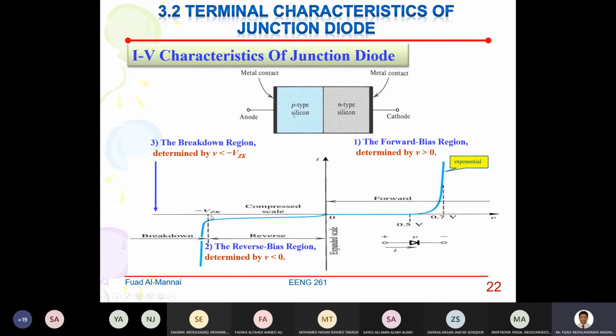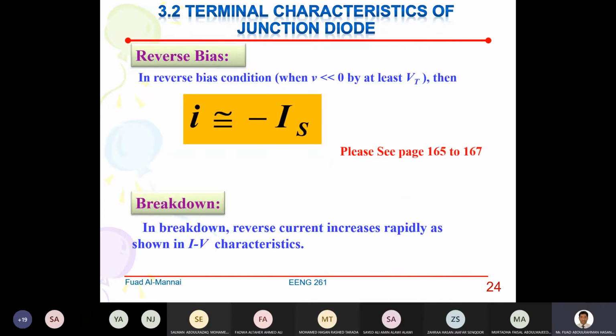If just before you reach the VZK value, you realize, wait a minute, I read the data sheet, I'm not going to go any further, so I'm going to go back. So you reduce the reverse voltage, then the diode will be saved. Otherwise, if you exceed it, the diode might be destroyed, most likely it will be destroyed. Okay, guys? Any questions?